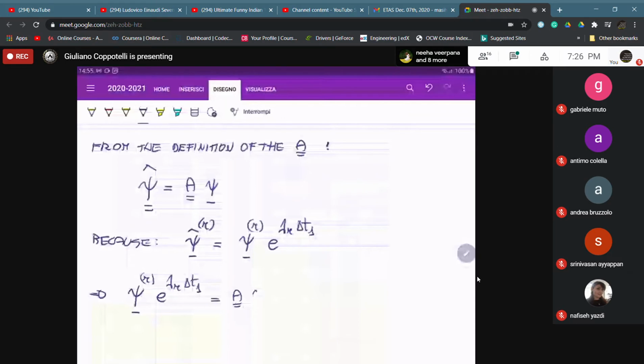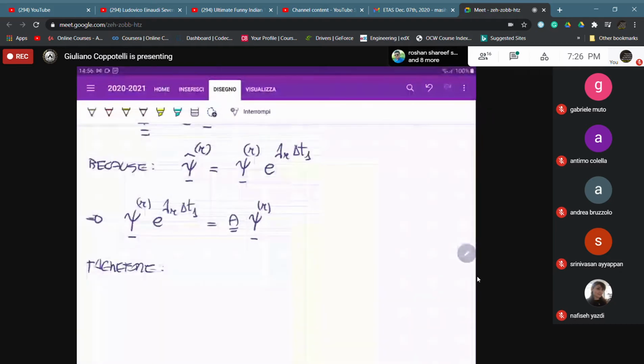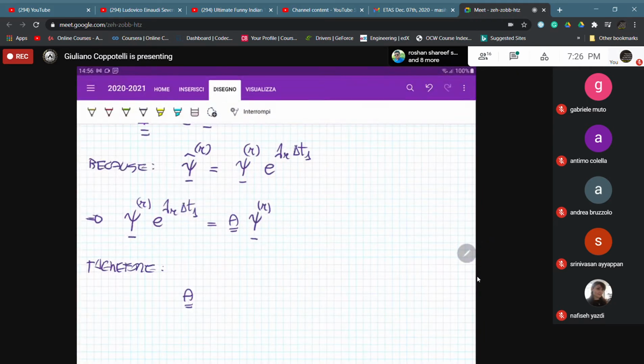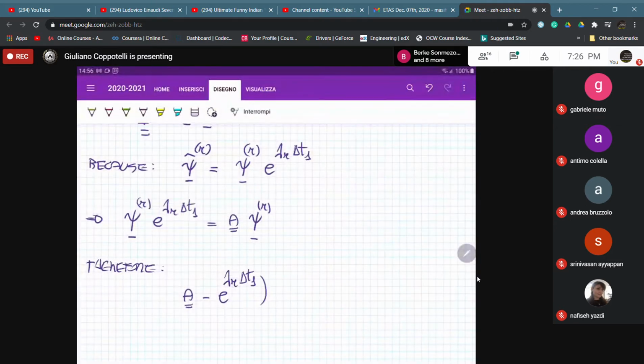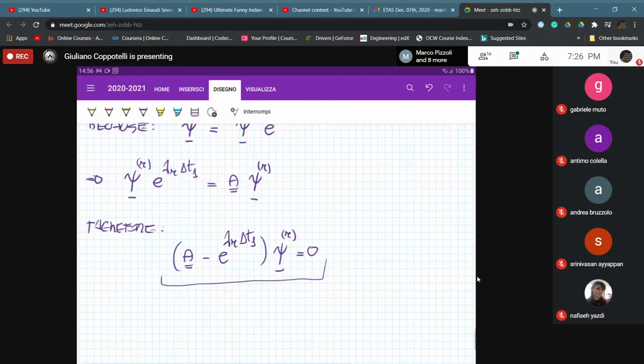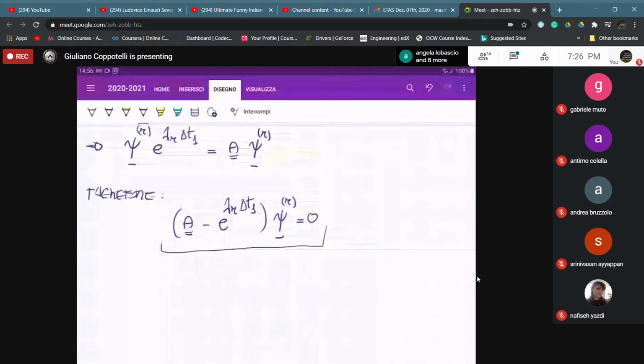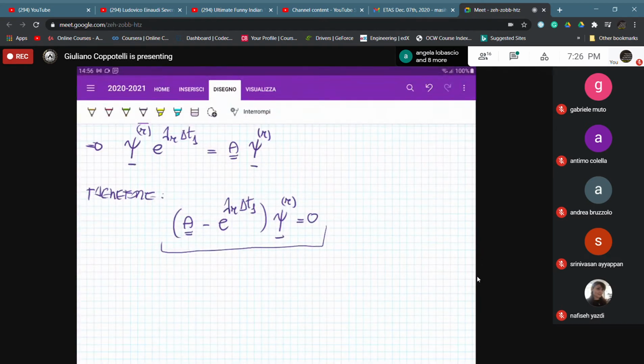Okay, therefore we can rewrite that equation as A minus e to lambda r delta T1 times psi r, and that is equal to 0. So as you can see, once we know the A matrix, from the eigenvalues associated to the A matrix, we can have the estimate for our modal parameters psi and lambda.